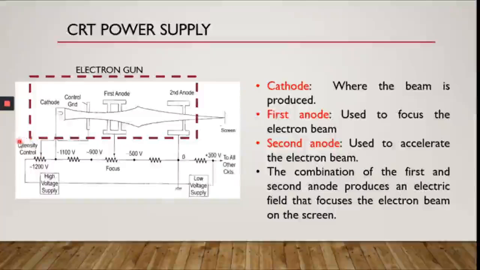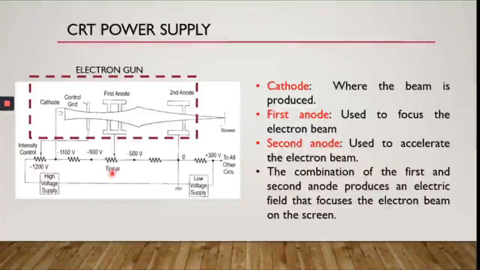So you have a dial or a knob on the oscilloscope panel that you can use to adjust this intensity. It is connected to negative 1200 volts. And then after that, it's going to go to the first anode. The function of the first anode is to focus the electron beam.